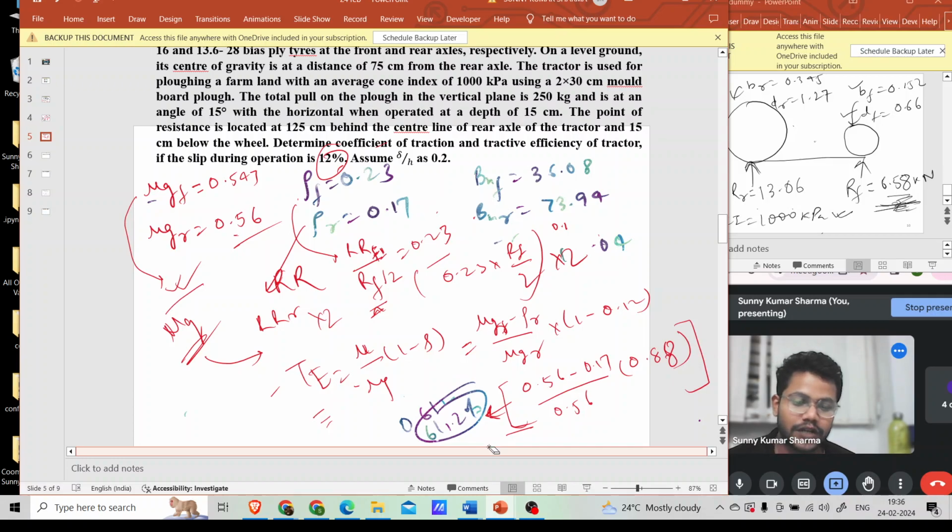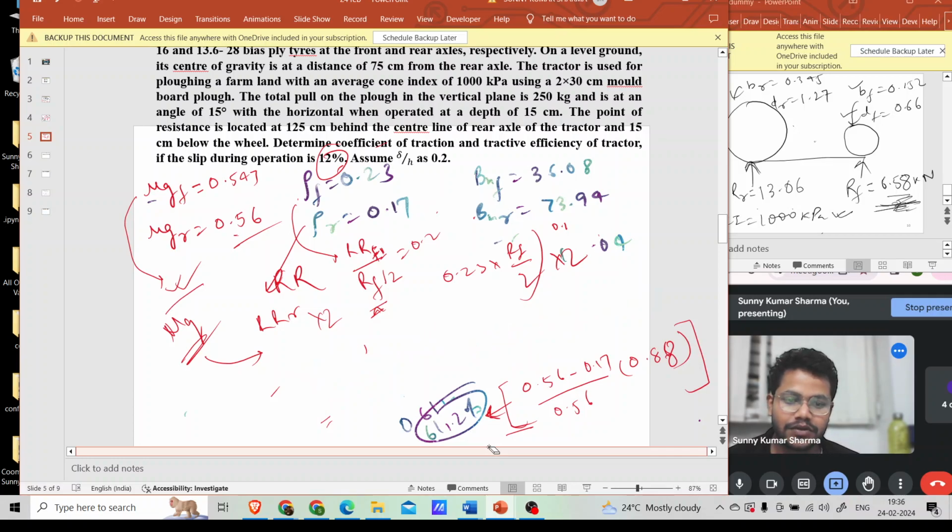If you would have been asked to calculate the tractive efficiency of the wheel, then you can imagine how lengthy this question is. Too many concepts have been covered in this question. So everything is clear.